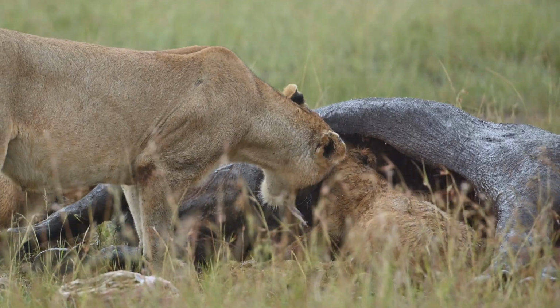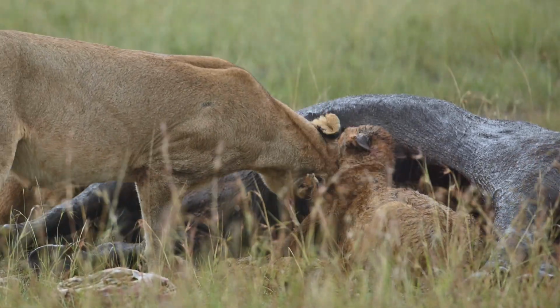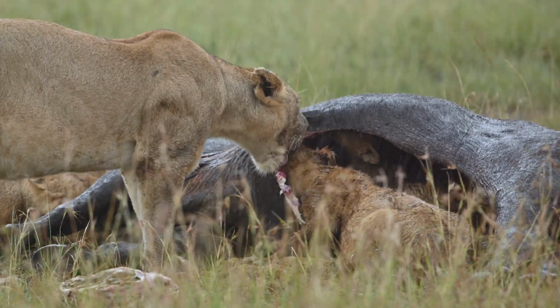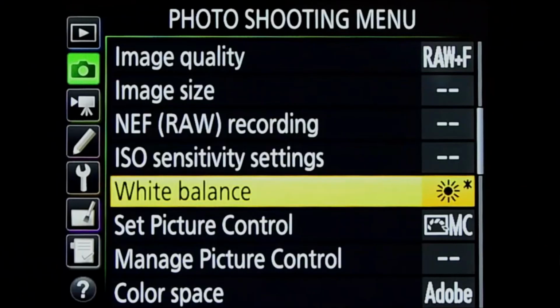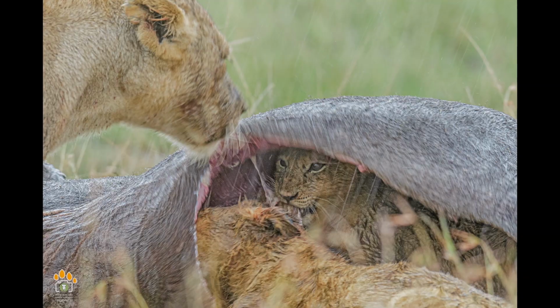Although in almost all cases, whenever it is raining, there will be a cloudy situation, I recommend that you keep your white balance to direct sunlight or a Kelvin temperature of 5000 to 5200. This gives a nice bluish cast to your image.